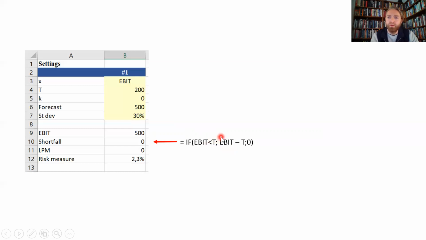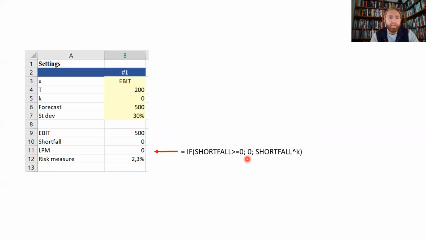That's not risk. It's not going to impact this risk measure, so that's a zero. And then we implement the LPM here, so that if you have a shortfall below zero, it's going to be zero. That's just to get rid of nonsensical outcomes. But the important thing is here, the shortfall is raised by the power of k.